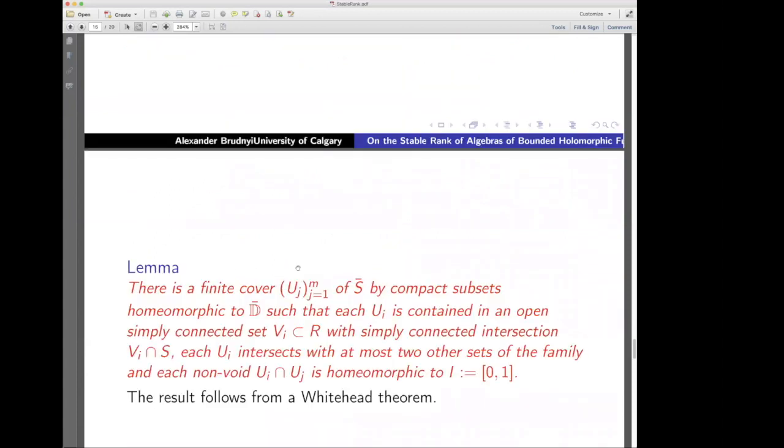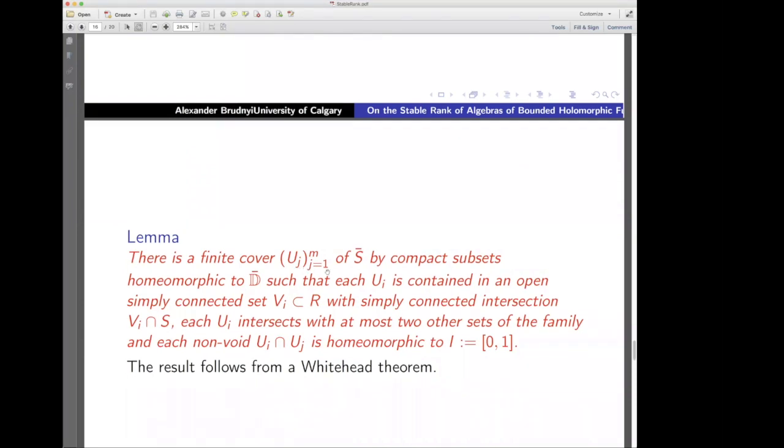There is a finite cover, Uj, of the closure of our finite bordered Riemann surface S by compact subsets homeomorphic to closed unit disks, such that each Ui is contained in an open simply connected set Vi inside the larger Riemann surface, and such that the intersection of Vi with S will also be simply connected.